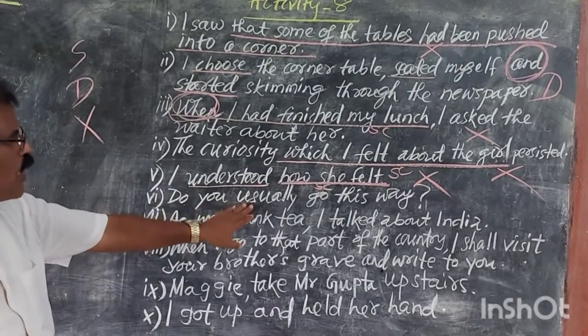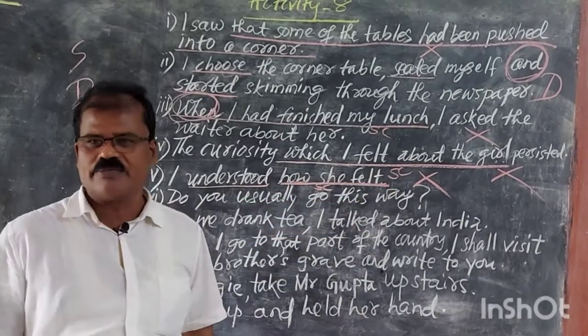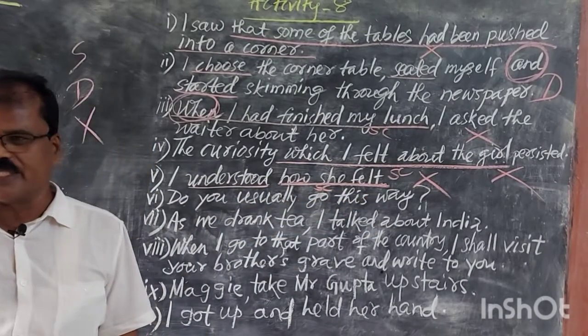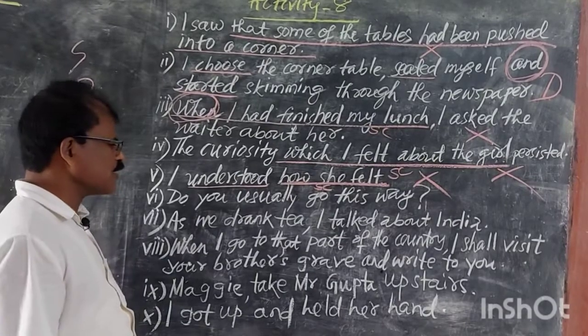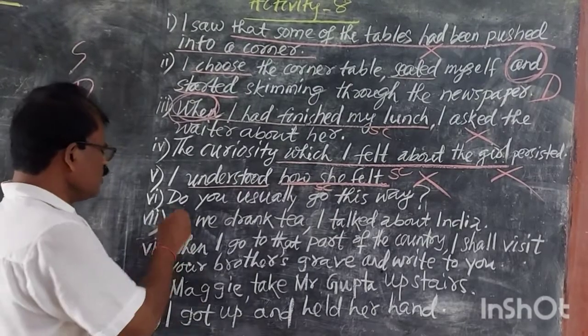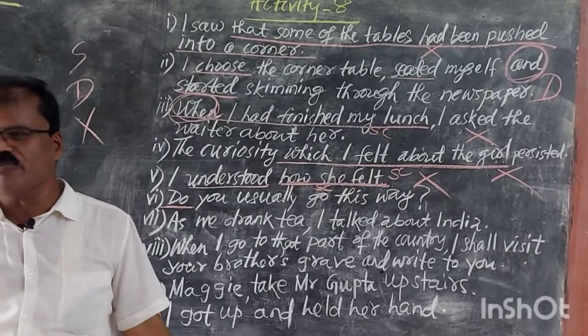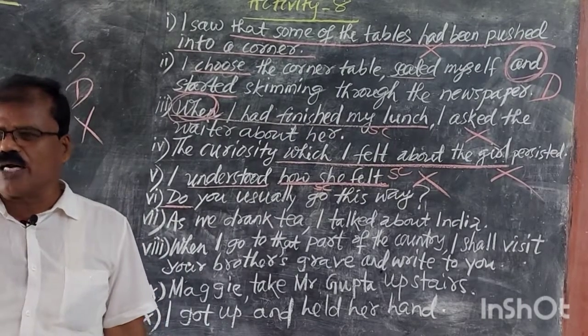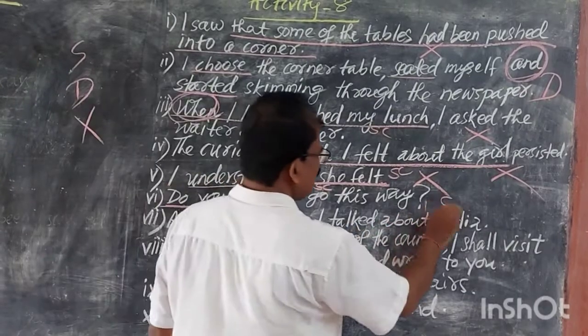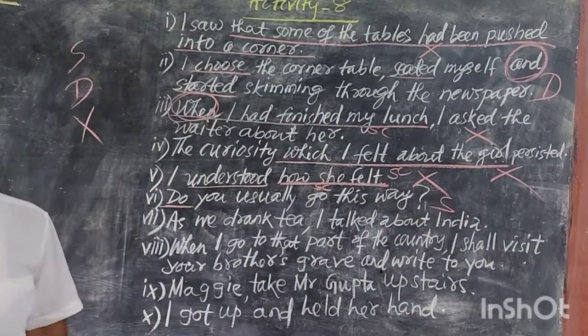Do you usually go this way? What type of sentence is it? How many finite verbs are there? Do is the only finite verb. So there is only one verb, means it is simple. For simple, write as.